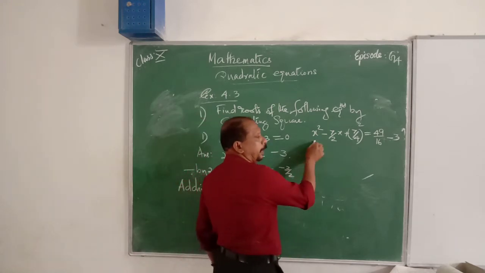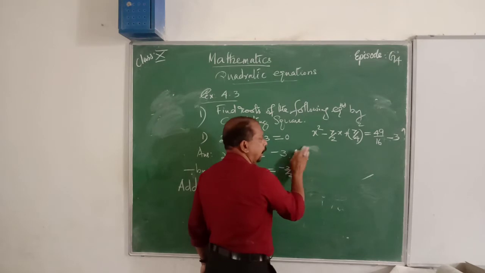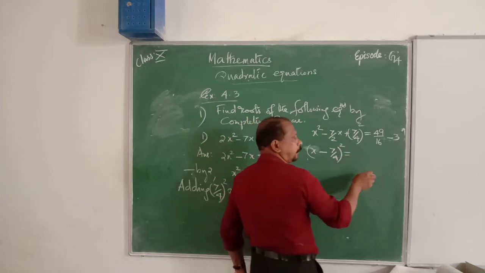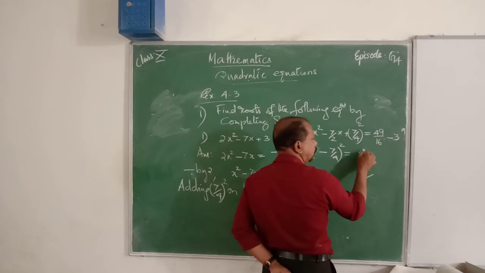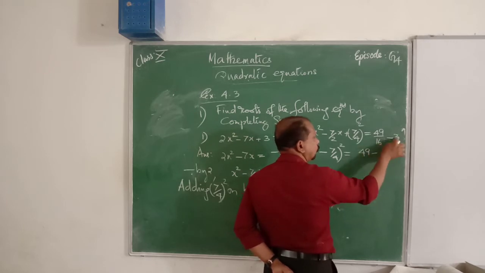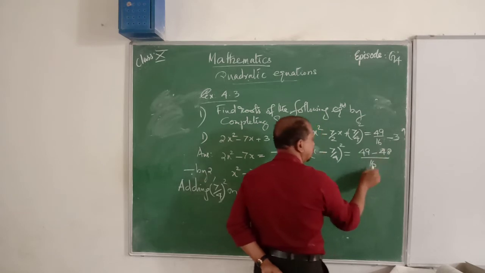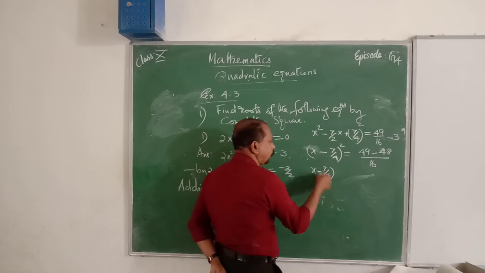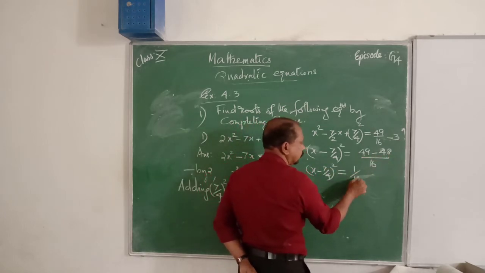This is of the form a square minus 2ab plus b square, that is (a minus b) the whole square. We take LCM, that is 3 into 16, 48. That is (x minus 7 by 4) the whole square is equal to (49 minus 48) by 16, which is 1 by 16.